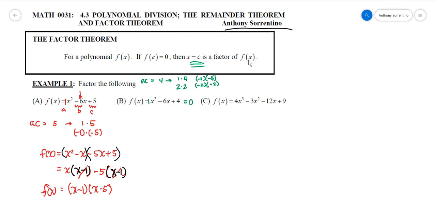Because now if I set it equal to 0 and find the zeros, I can say, well, x is going to equal 6 plus or minus the square root of negative 6 squared, which is 36, minus 4 times 1 times 4 all over 2 times 1. I end up with the square root of 20 in here.